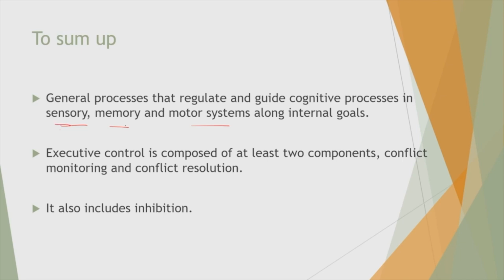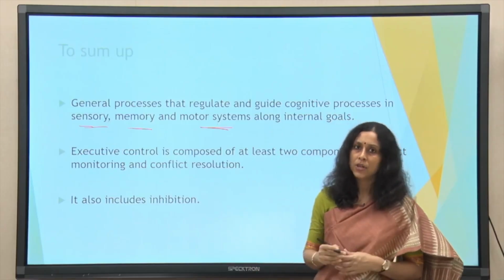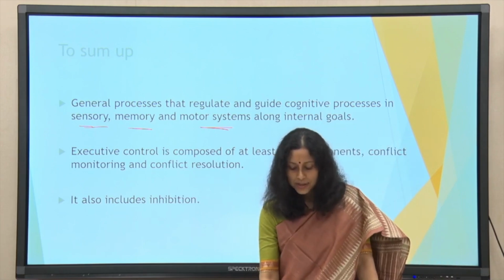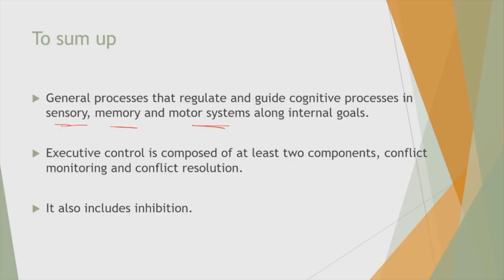In sensory, in memory and in motor system. The motor system will also include language in the sense of linguistic output, verbal output. So, this is composed of at least 2 components, conflict monitoring and conflict resolution. If you really simplify the whole thing, it ultimately boils down to conflict monitoring.